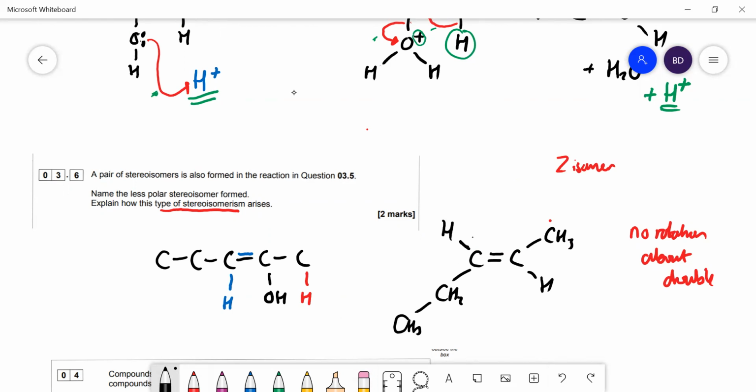You've got this electron heavy bit here, and you've got the electron heavy bit here. So they're not all on the one side of the molecule, so that will be less polar. So the name of the less polar isomer, that's the E isomer, is E pent-2-ene for the other mark.